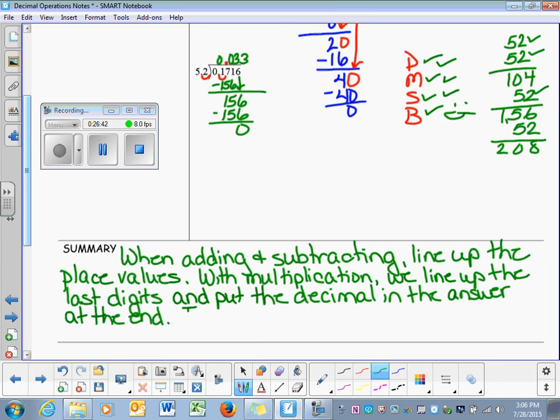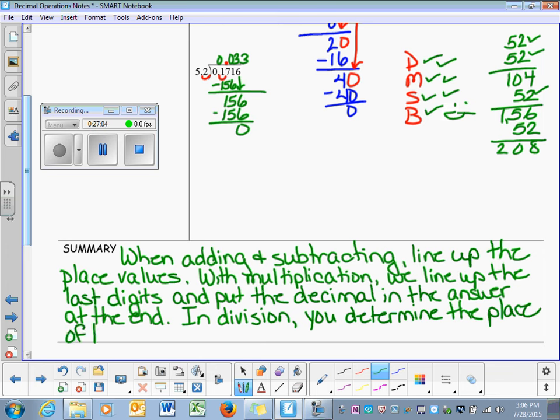In division, you determine the place of the decimal first, because you have to divide by a whole number.